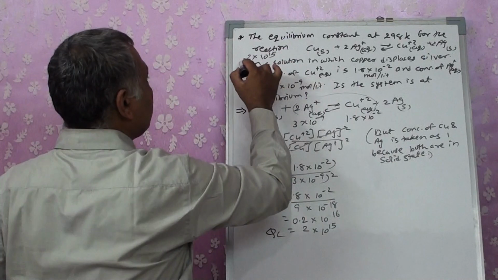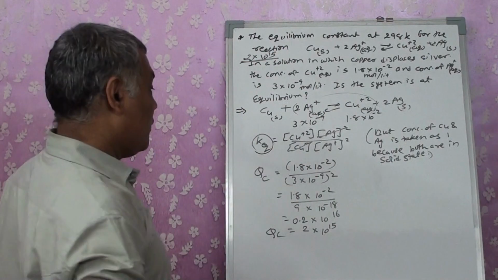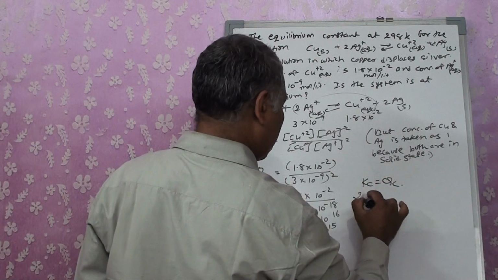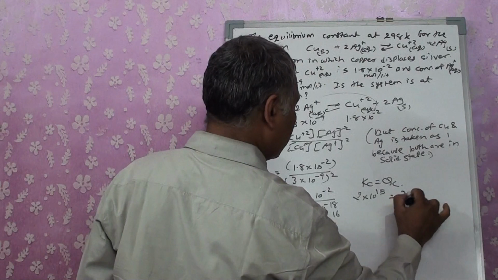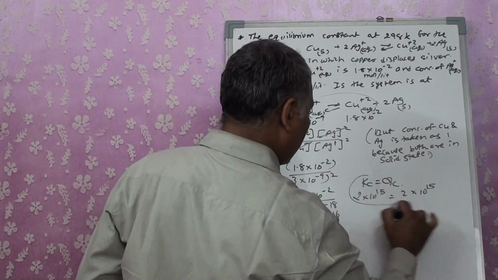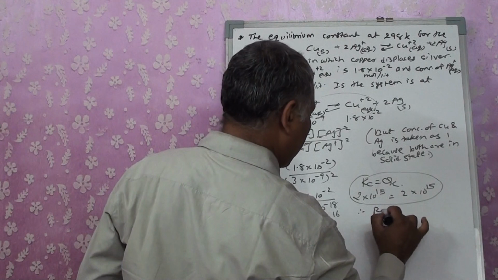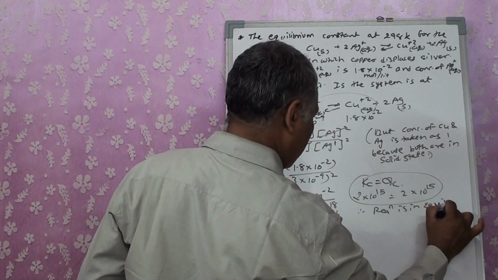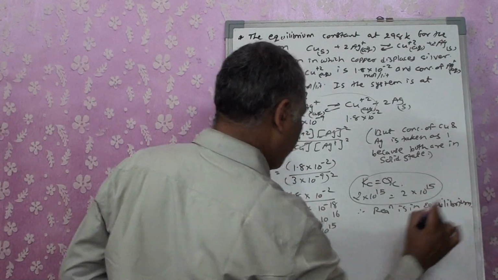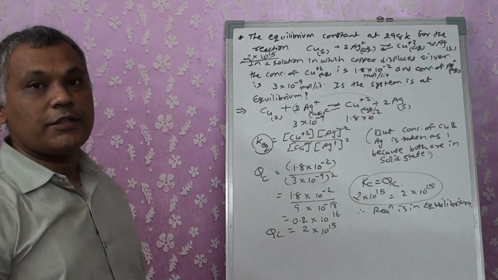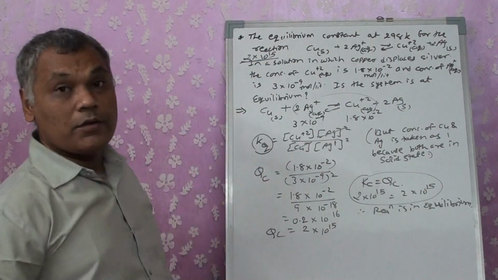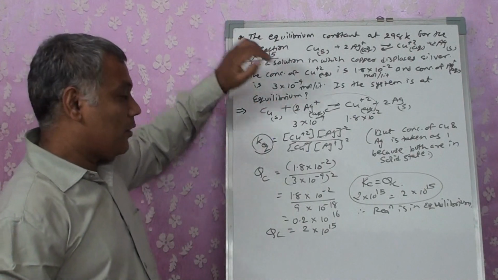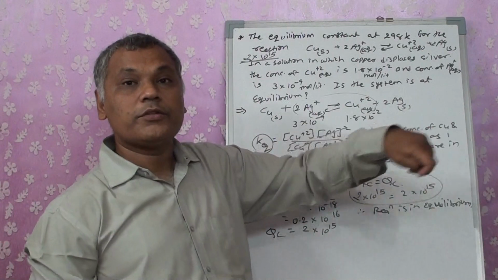So what do we get here? Kc is equal to Qc, because Kc was 2 into 10 raised to 15 and this is also 2 into 10 raised to 15. Therefore, the reaction is in equilibrium. Like that, if I had been given something different here, then I would have got Qc not equal to Kc.